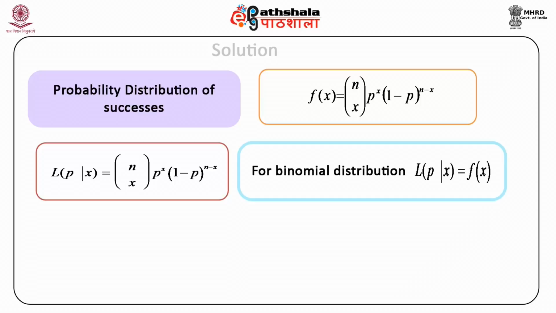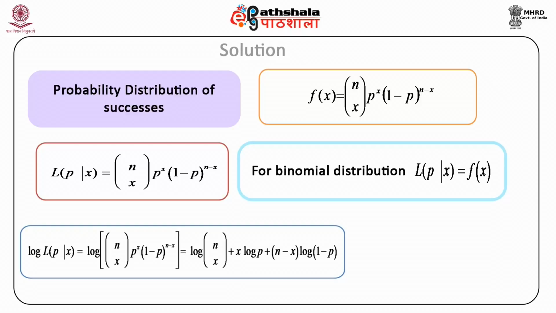For the binomial distribution, the likelihood function L for given p and given x is equal to f(x), since there can be only one possible value of x, the number of successes in any single sample. Therefore, the joint probability function is the same as the probability function, with no need of a product.